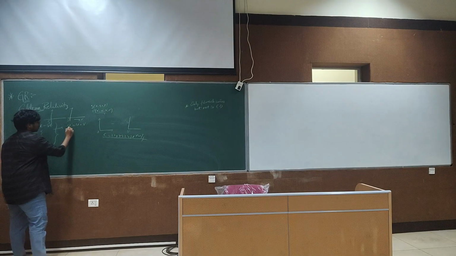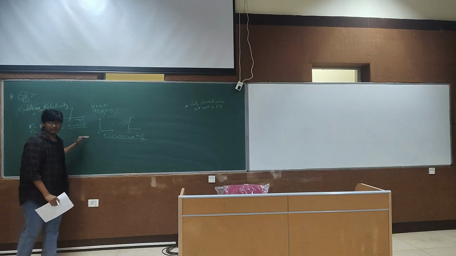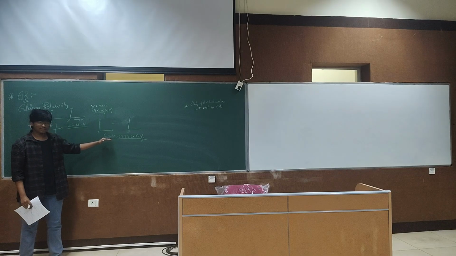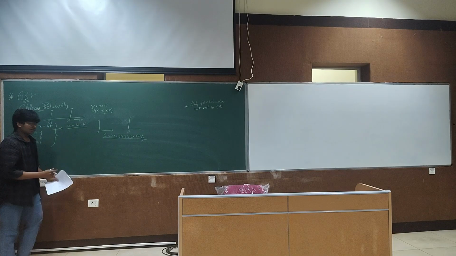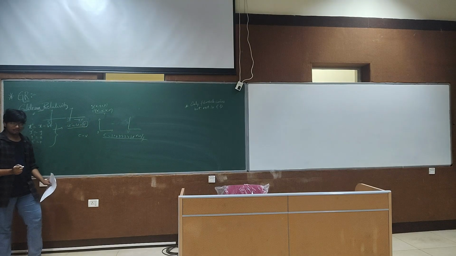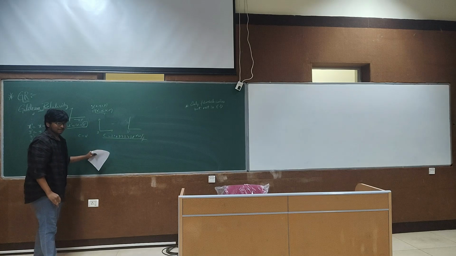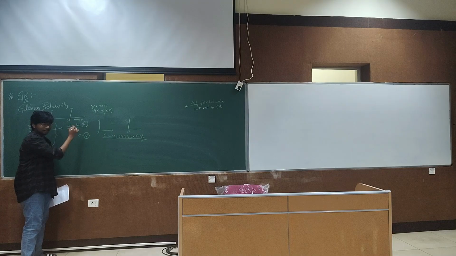But if it transforms like this, assume that there is a frame in which the speed of light is c. According to these laws, there will be a frame moving with speed v where the speed of light is c minus v. But experimentally it has never been observed. One reason might be that c is very high, so there might be errors.